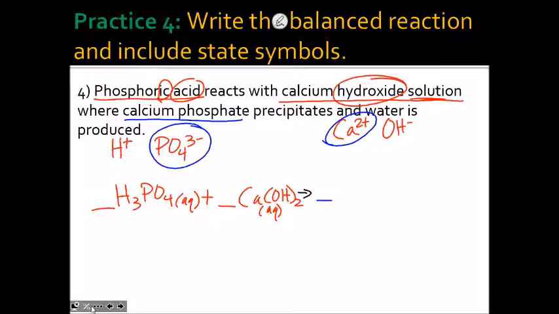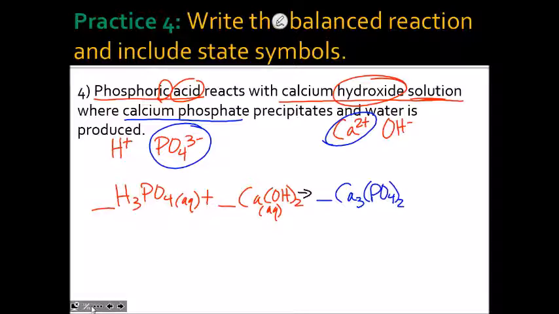What's the least common multiple between 2 and 3? Yes, because we got to do the plus 6 minus 6. So we're going to need how many calciums? We're going to need 3. That means we're going to need 2 of the phosphates. Exactly right.